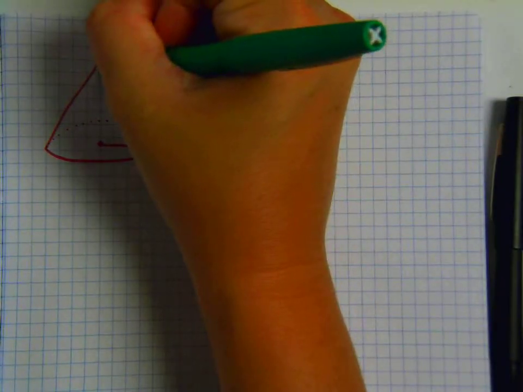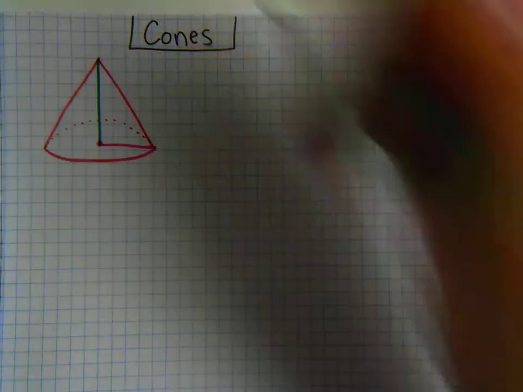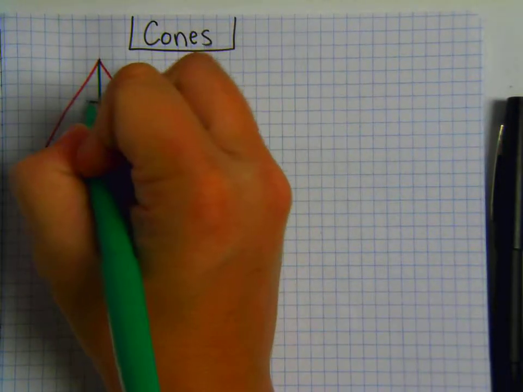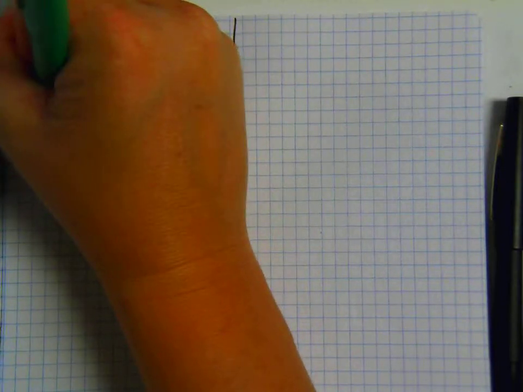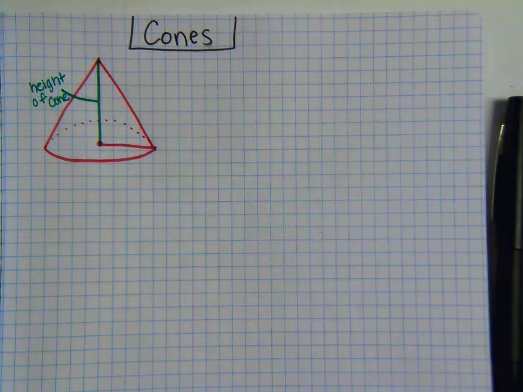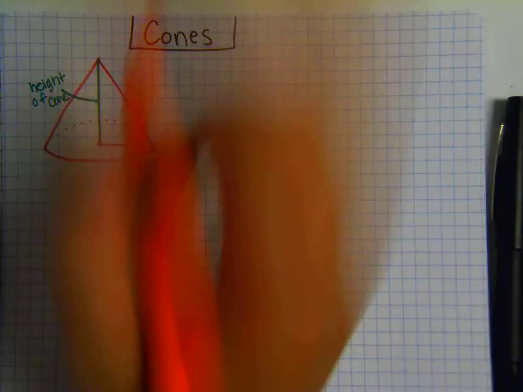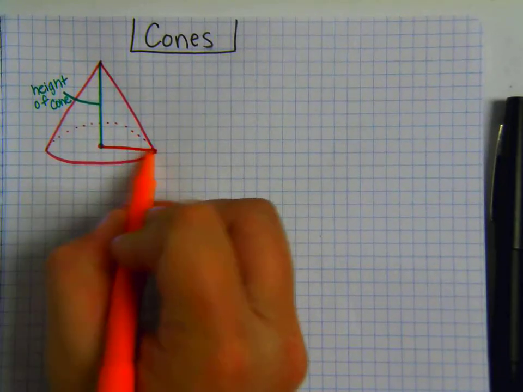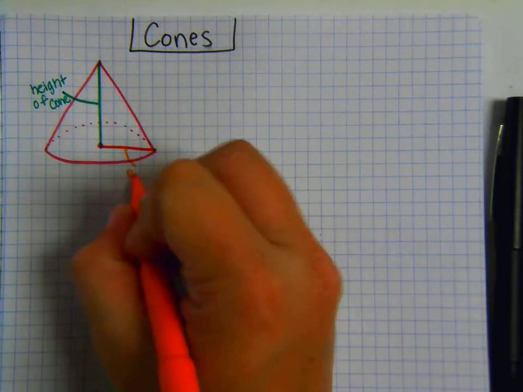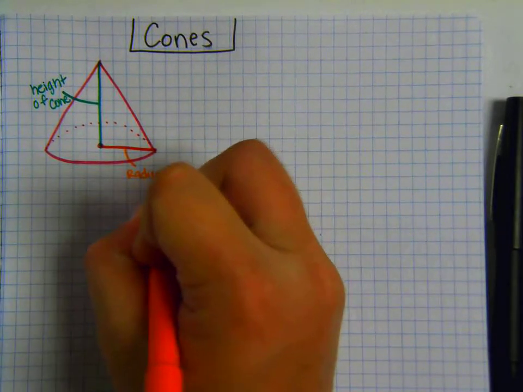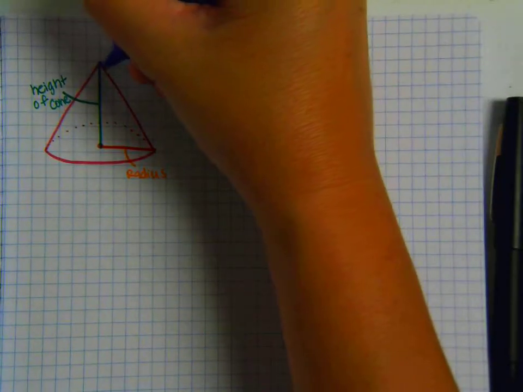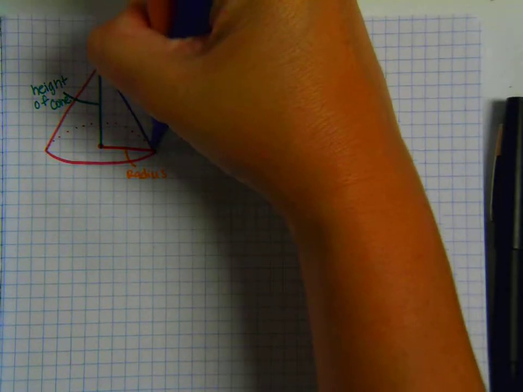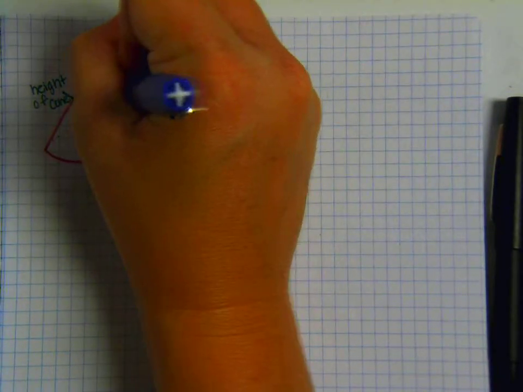Right here, going down from the top, that's the height of the cone. This guy is the radius, which we already said. And then coming down on the side of the cone, that's called the slant height.